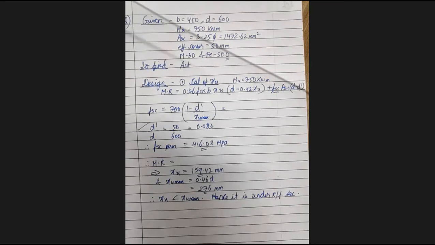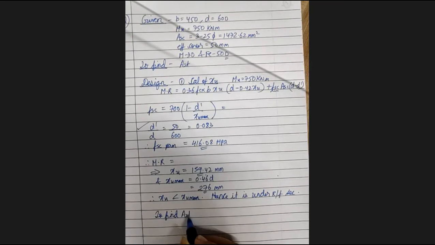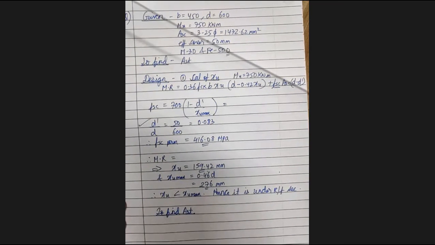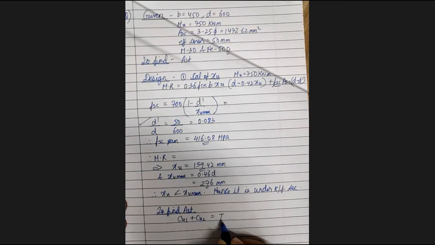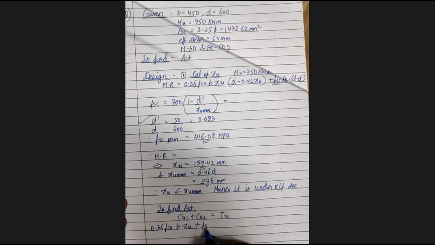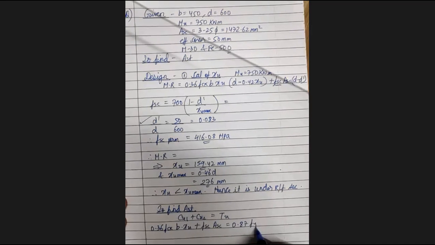So now we have to find out AST. To find AST, we will use Cu1 plus Cu2 equal to Tu. So this is 0.36 fck B XU plus FSC into ASC is equal to 0.87 fy into AST. AST is the unknown, everything else is known to you.